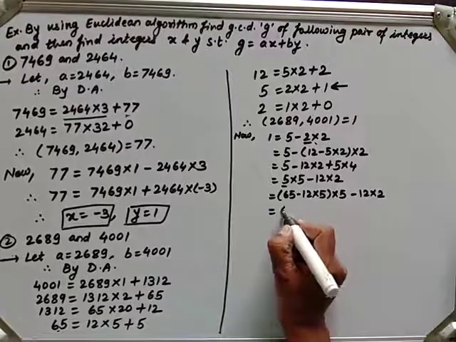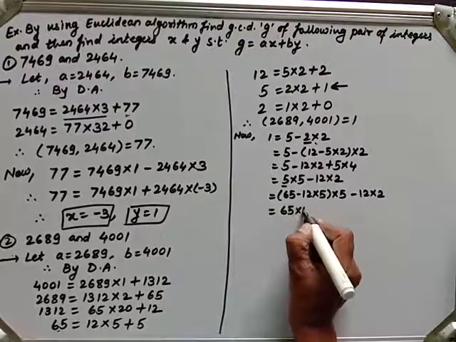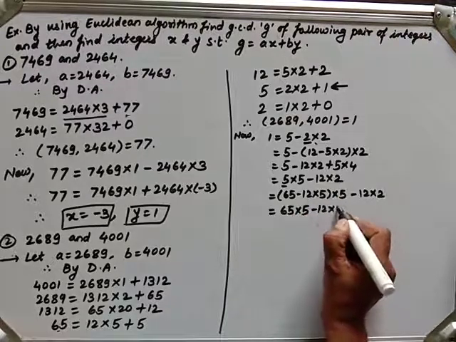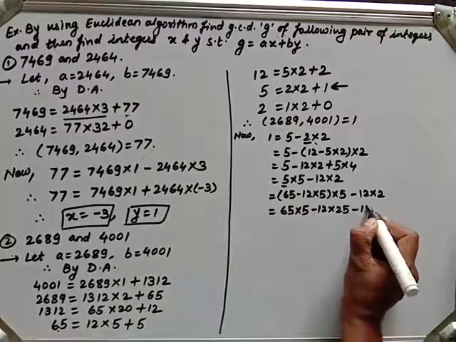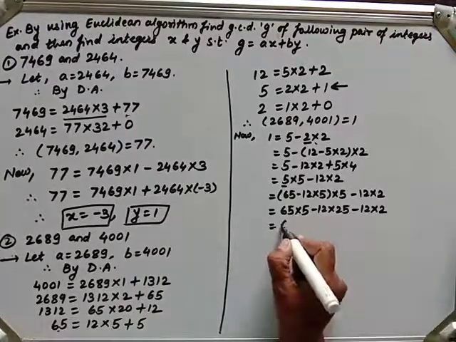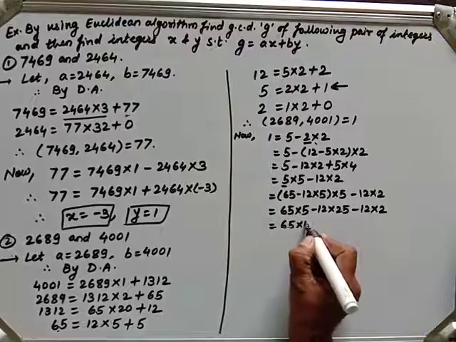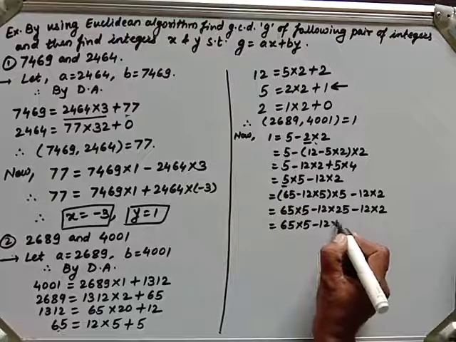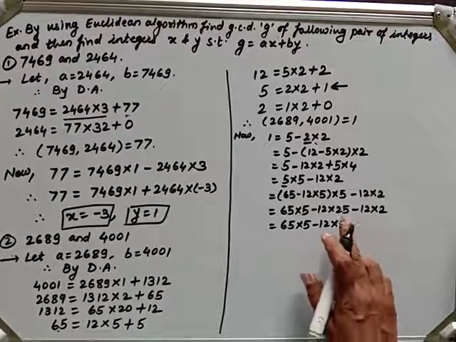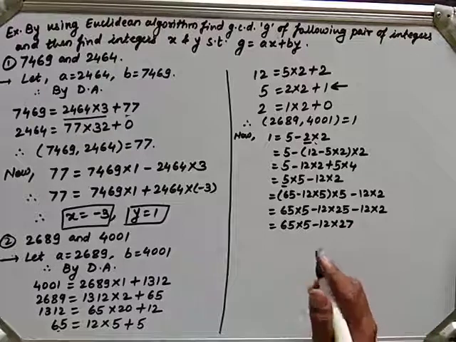So it will be 65 into 5, and this product minus 12 into 25 minus 12 into 2. So this will become 65 into 5 minus 12 into this 27.